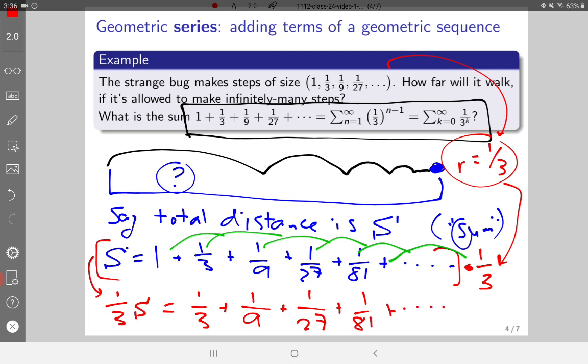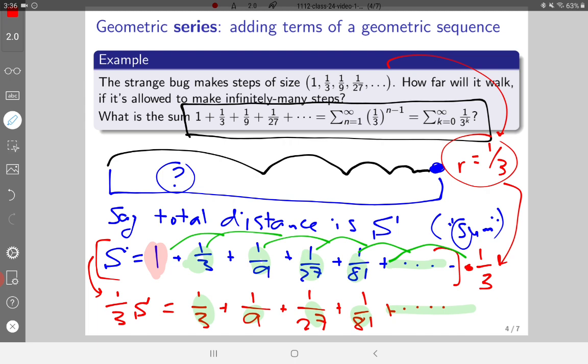I get exactly the same infinite sum, the same geometric series, except it's missing that first term, the 1. Everything else they have in common. The 1/3, the 1/9, the 1/27th, the 1/81th, and so on. Everything else they're going to share, but it's that 1 in the front that they differ by.